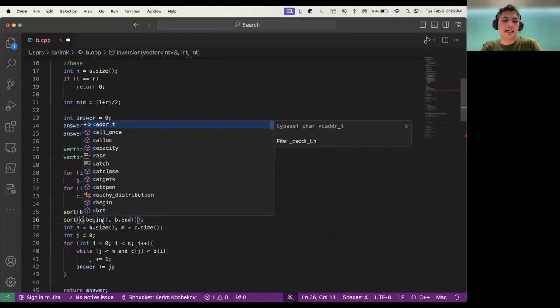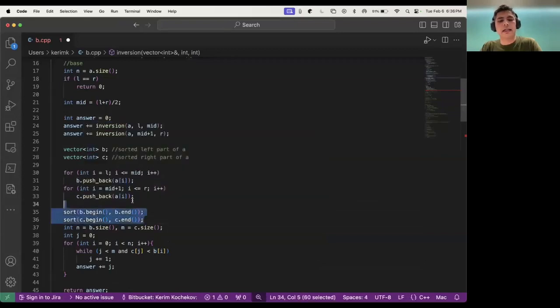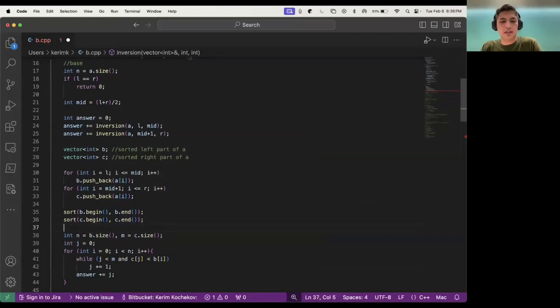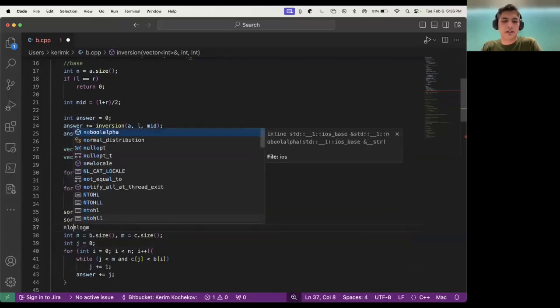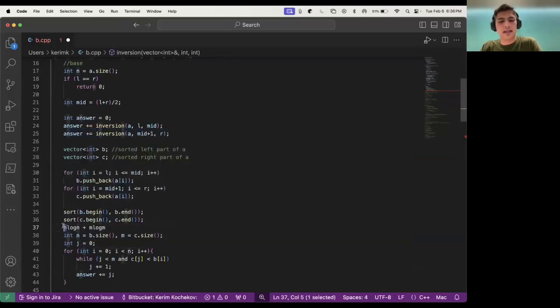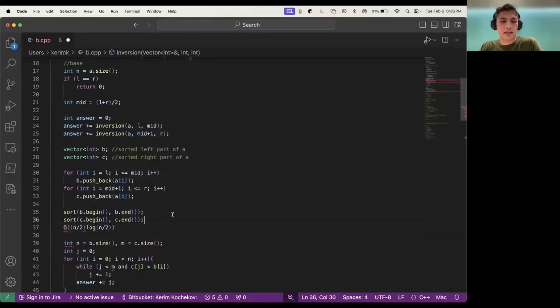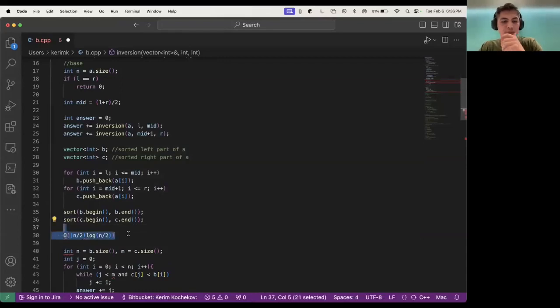However, this would have an extra cost, as I said, M log M plus N log N, where here it's N divided by 2 actually. This is the extra complexity that would add up when we compute the overall complexity.